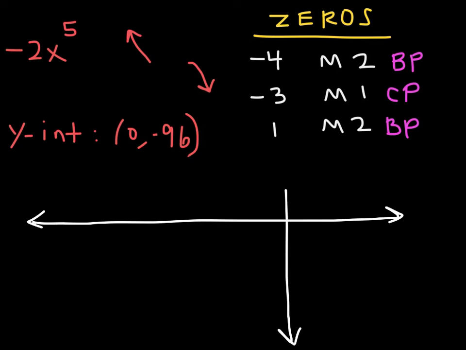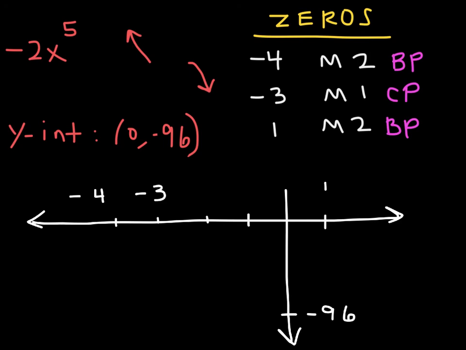I have a zero at negative 4, negative 3, and then another zero at 1. Now I'm going to scale my y-axis very differently. I'm going to say this is negative 96.